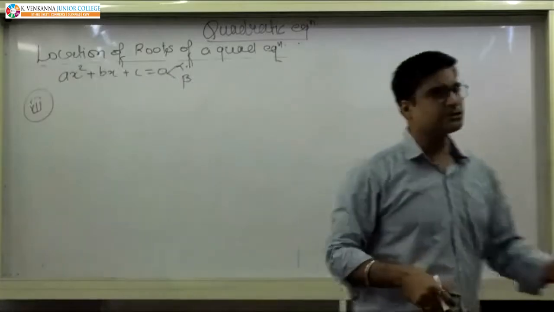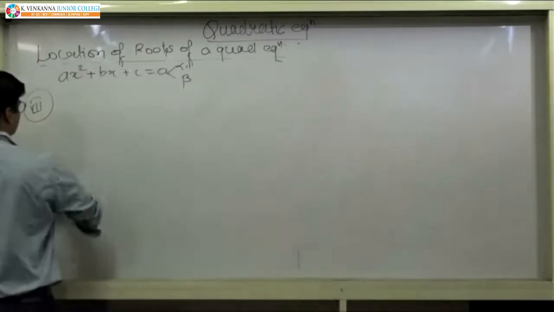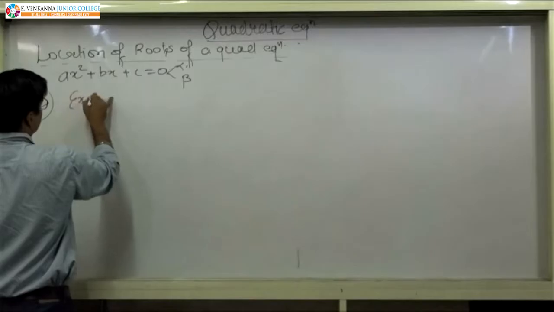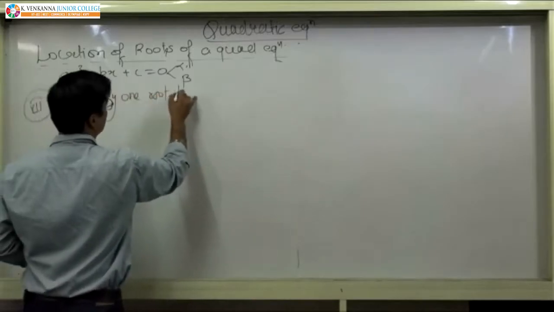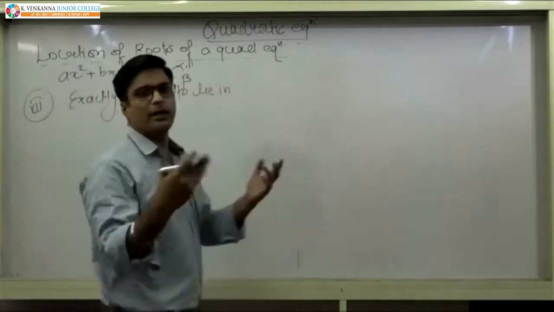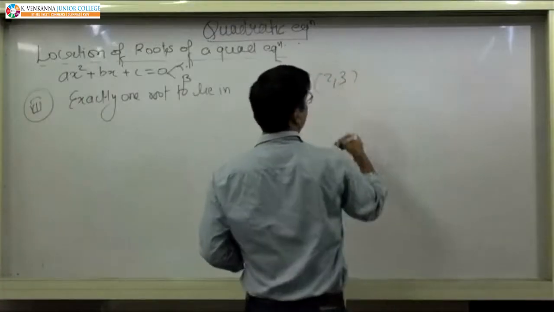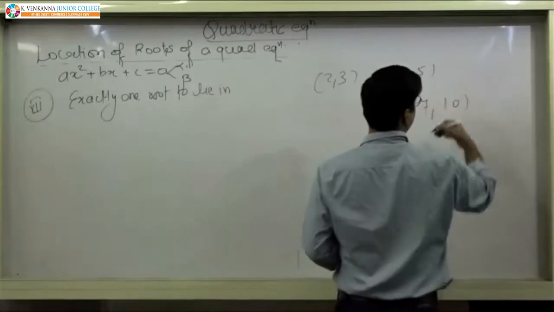Sometimes the question is asked, what is the condition for exactly one root to lie in a particular interval, let's say in 2, 3 or 4, 5 or -7, 10.